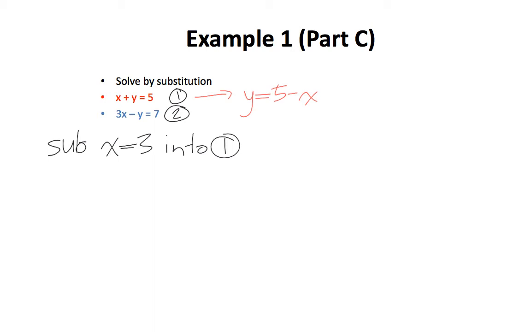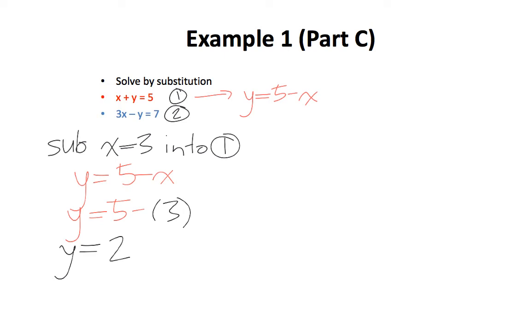Let's begin with the equation, which is y is equal to 5 minus x. So I'm just going to replace x with 3 in brackets. Therefore, 5 minus 3 is 2. And now I have the y-coordinate of my point of intersection.